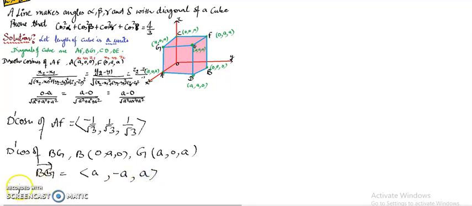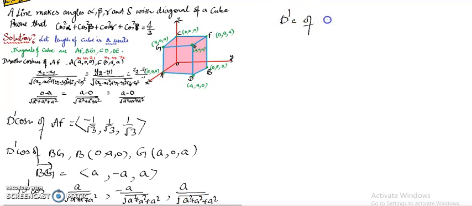So its direction cosines are a upon the square root of a square plus a square plus a square, minus a upon the same, and a upon the same. So the DC of BG is 1 by root 3, minus 1 by root 3 and 1 by root 3.